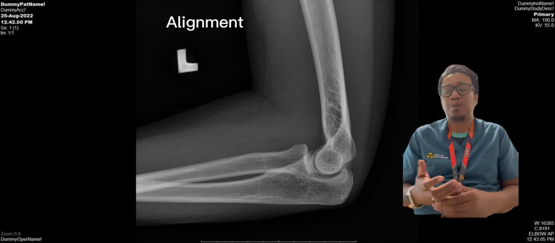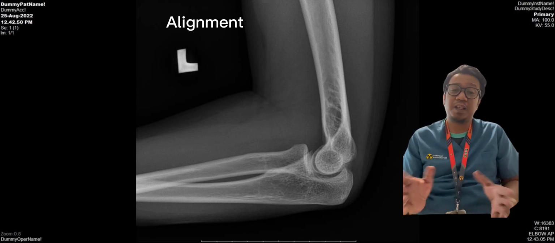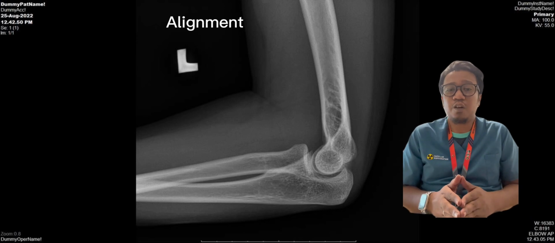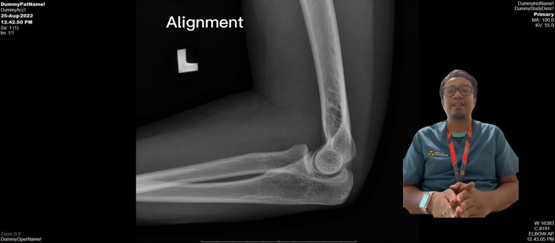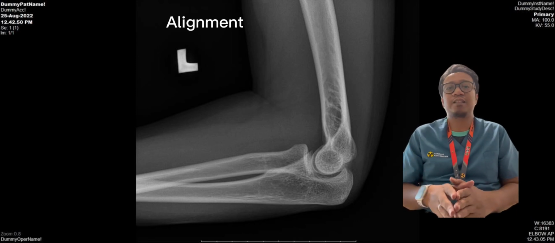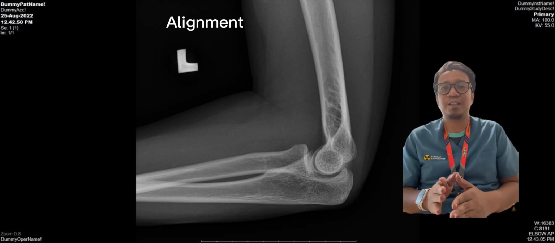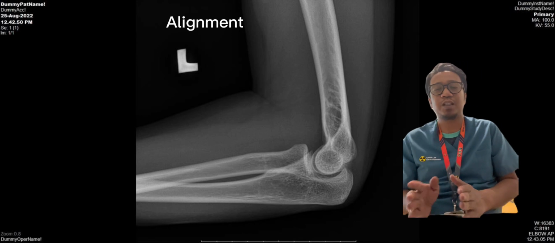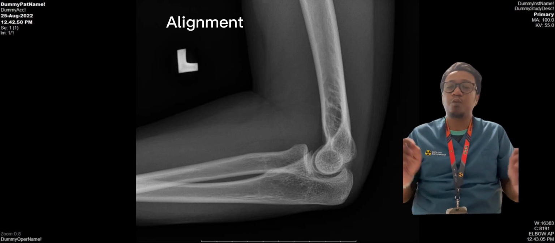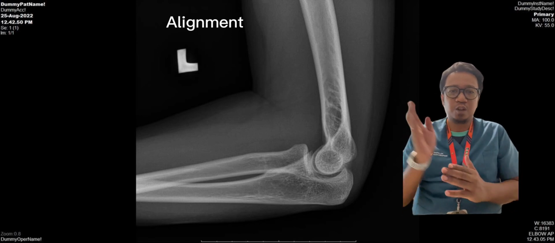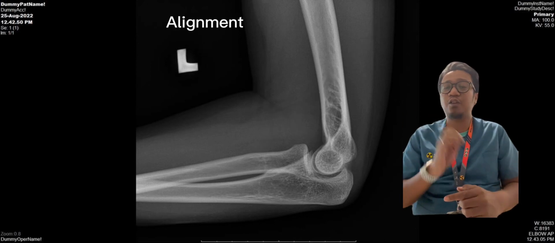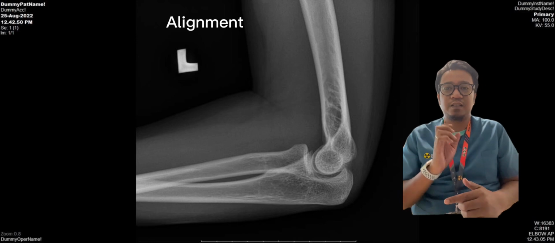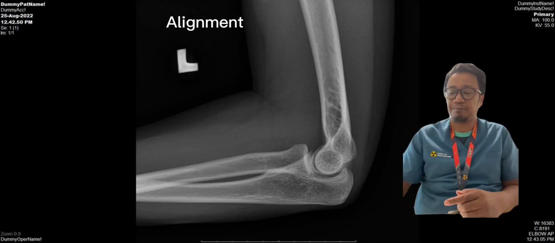Also, the alignment between X-ray tube and patient cannot be determined because there is no evidence of collimation. But the alignment between patient and cassette is incorrect. This is because the long axis of the humerus is not equidistant to the lateral border of the film. Then we can see that the center of the IR is not directed to the center of the elbow joint.